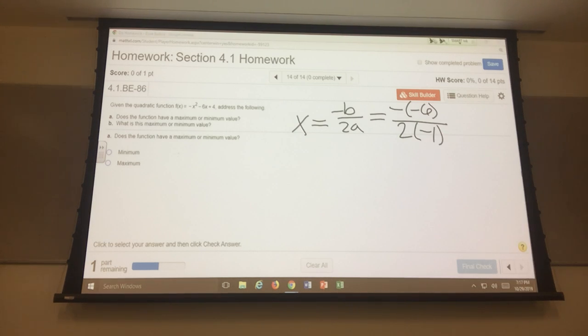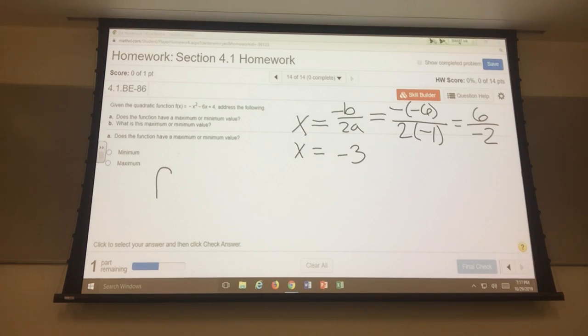Yeah. So simplify that. Negative 6 is just 6 over negative 2. So then 6 divided by negative 2 is negative 3.